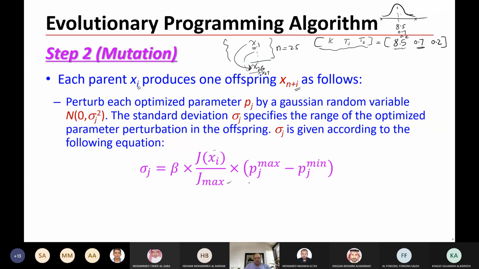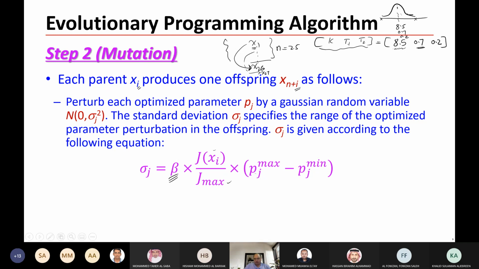So what is the idea here? The idea here is this beta is a value between 0 and 1. To understand this, let us assume the extreme cases.